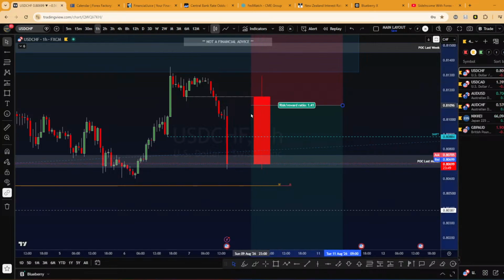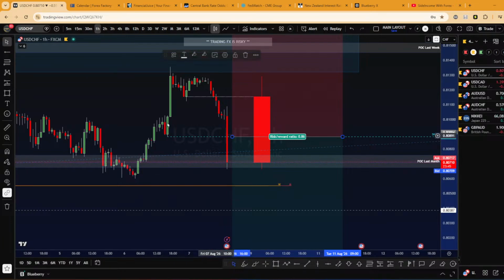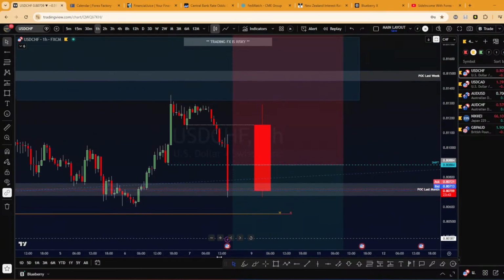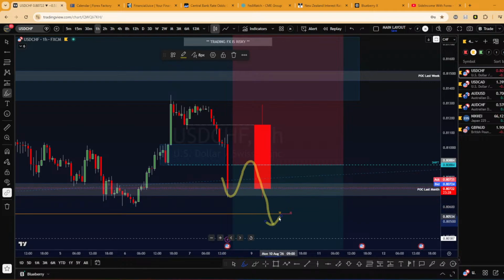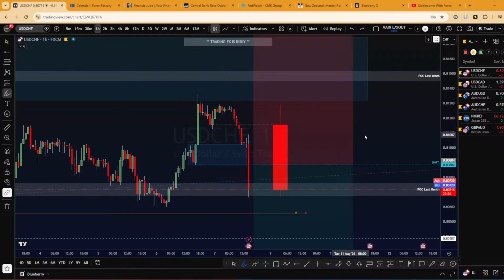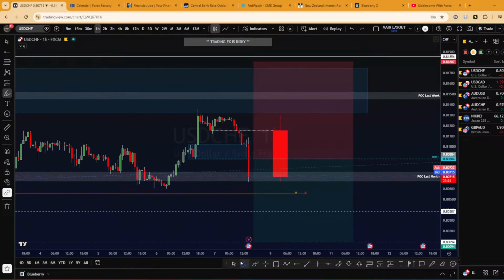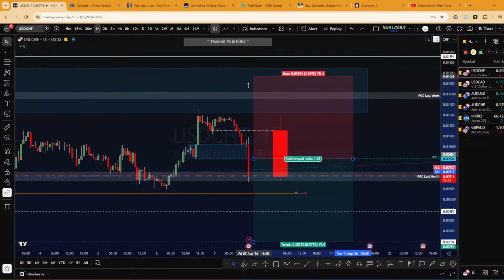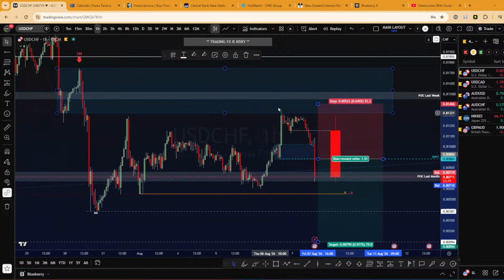So if we could get some retest around this order block, some sort of demand that we broke, I will be happy to short, with a stop around here, just above this high.